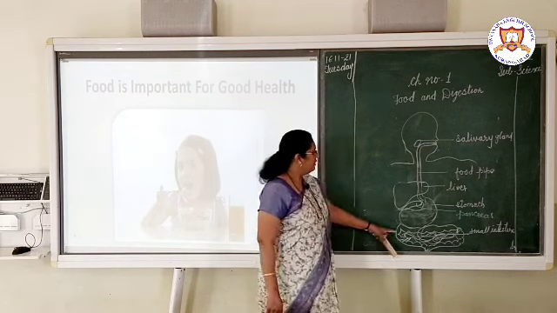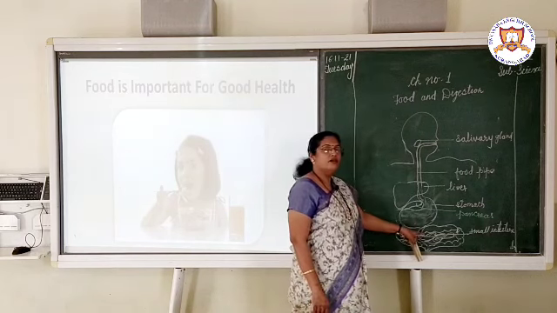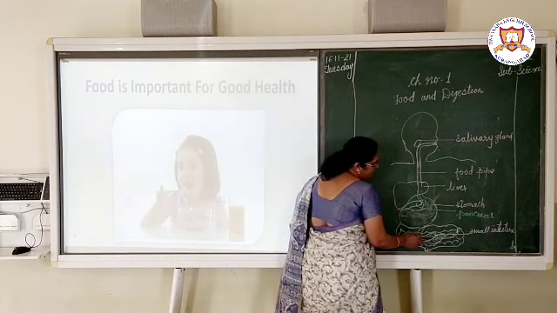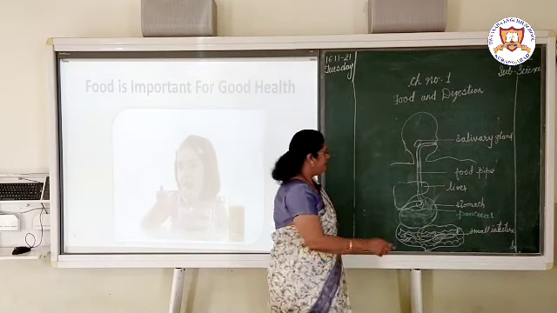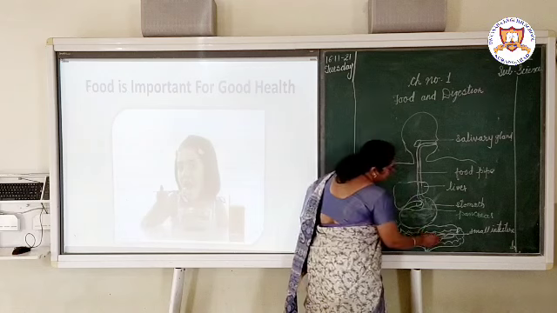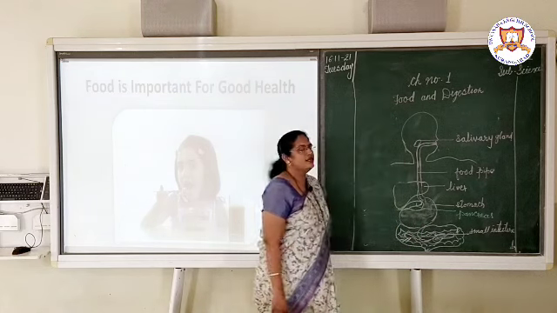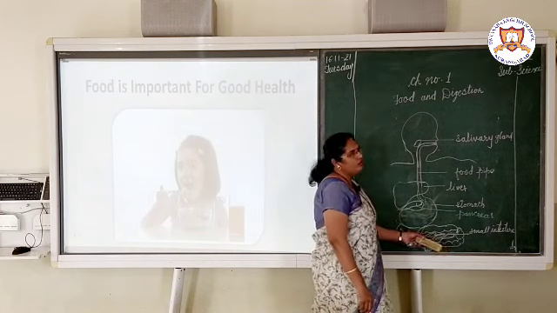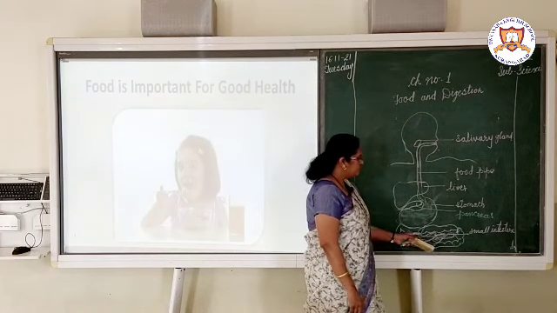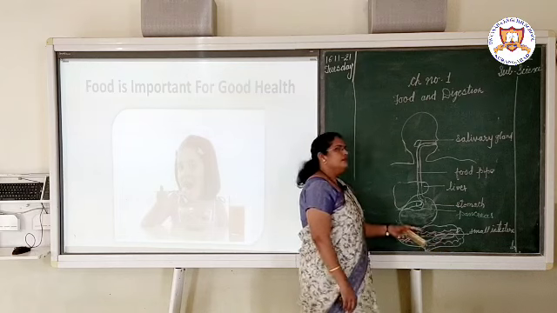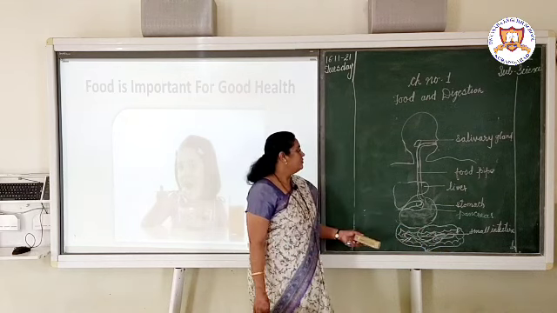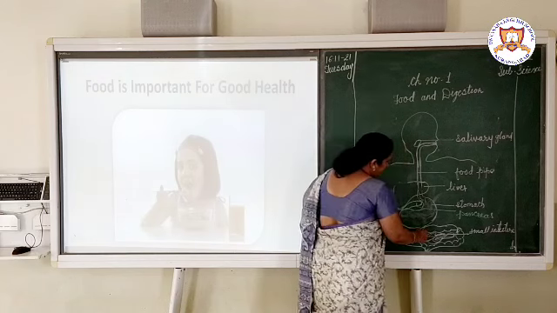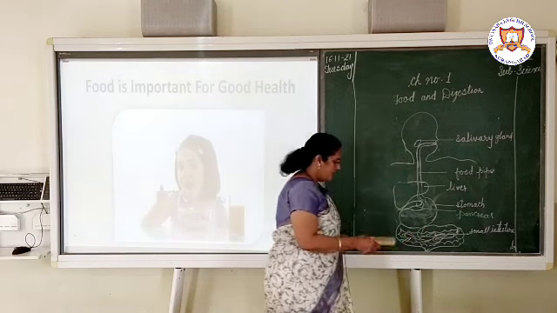Here the digestion of food completes. The wall of the small intestine absorbs the digested food. The blood vessels present in its wall absorb the digested food and carry it to different parts of our body, and the remaining waste goes into the large intestine.